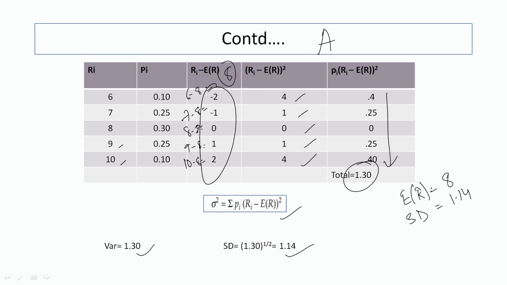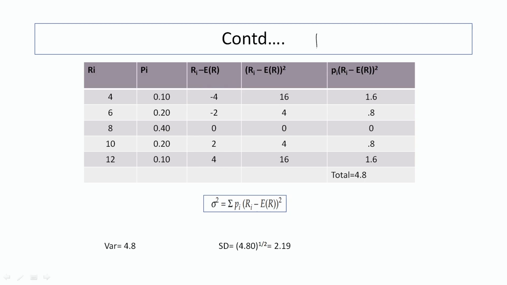Just remember this thing. Now, coming to Company B, similarly we have calculated, we have Ri 4, 6, 8, 10, 12. PI value is already mentioned. Now, we have to subtract expected return from Ri, which is here also 8. So, 4 minus 8 equals minus 4, 6 minus 8 equals minus 2, 8 minus 8 equals 0, 10 minus 8 equals 2 and 12 minus 8 equals 4.